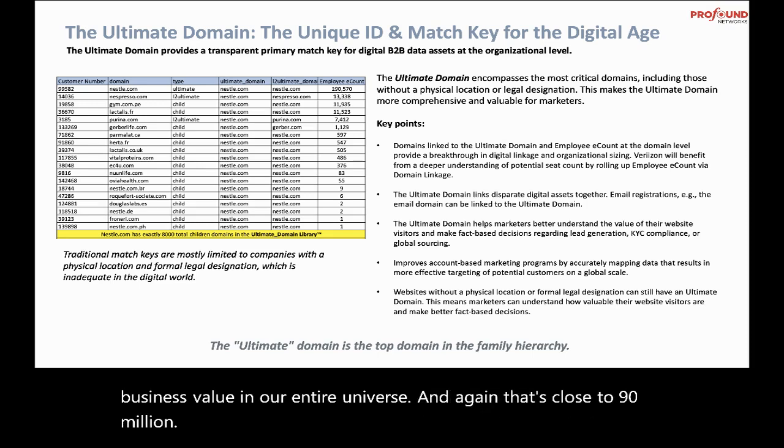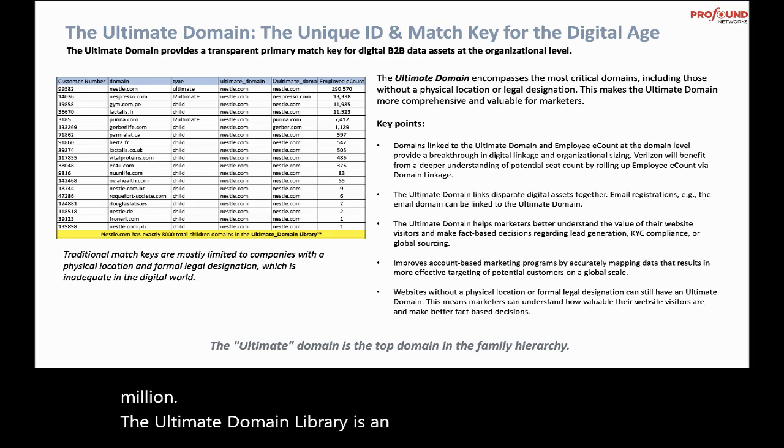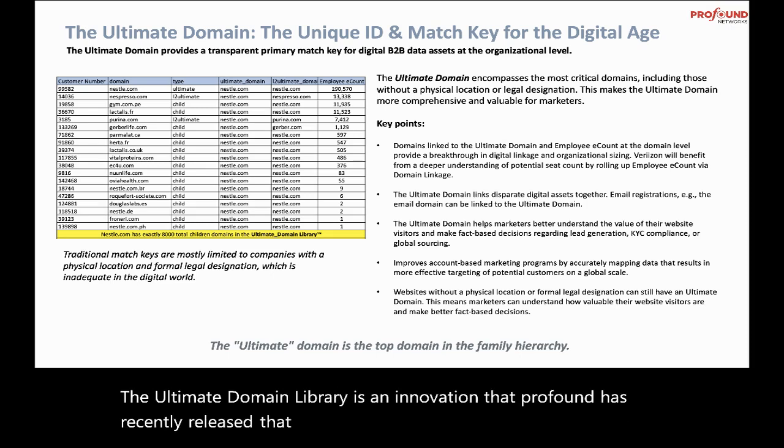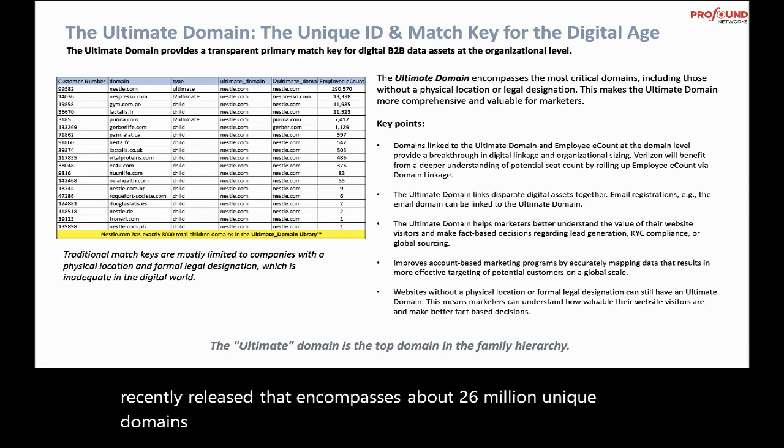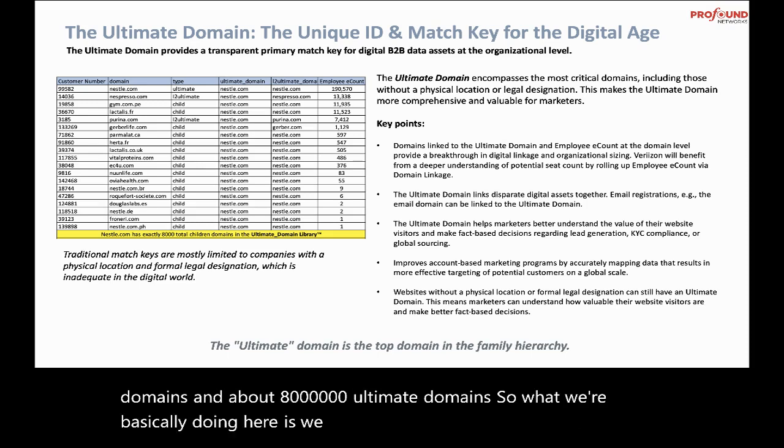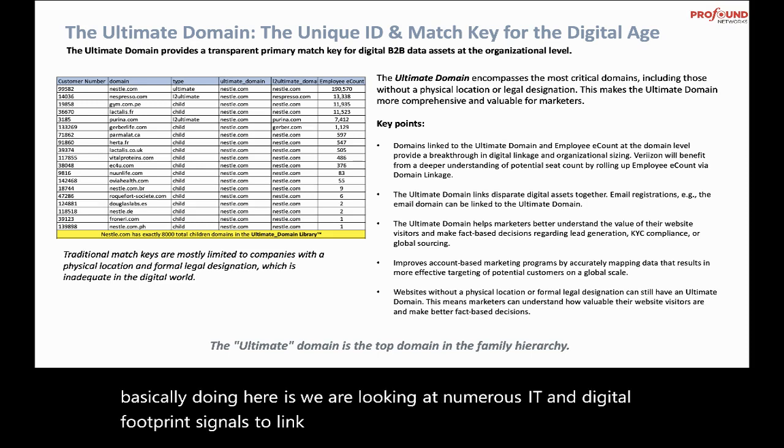The Ultimate Domain Library is an innovation that Profound has recently released that encompasses about 26 million unique domains and about 8 million ultimate domains. So what we're basically doing here is we are looking at numerous IT and digital footprint signals to link the family of domains to what we call an ultimate domain.